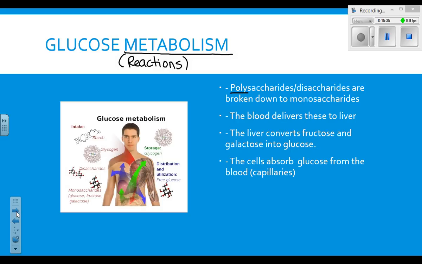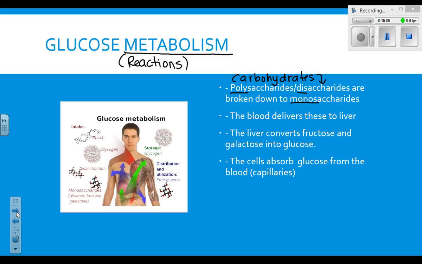So we start with our poly and disaccharides, and I'll just remind you, poly means many, di means two. So we start with our big sugar or carbohydrate molecules. They are broken down eventually by enzymes into monosaccharides.